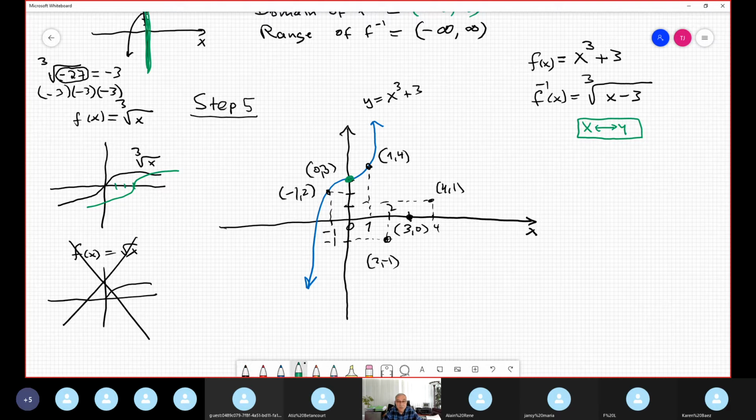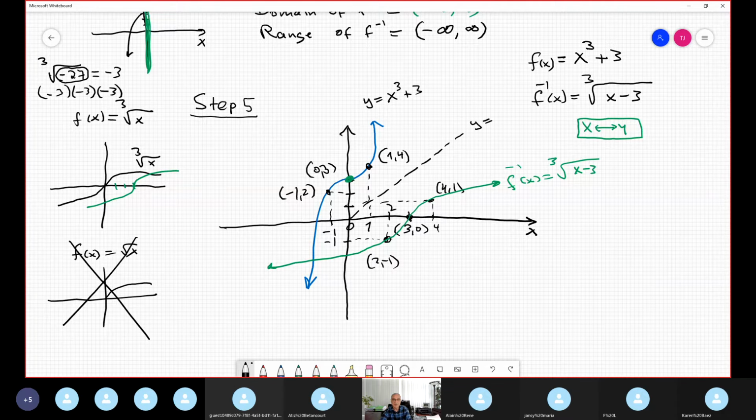Let me show you. Let me try to do my best. And you can see, wow. Okay, this curve, the inverse, is symmetric with respect to the line y equal x.